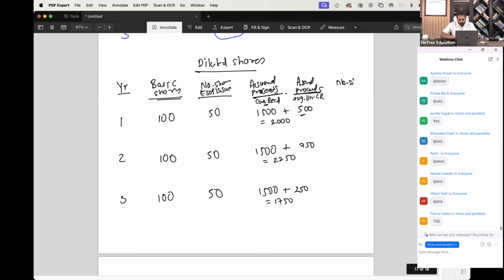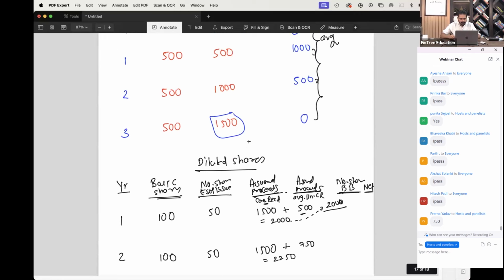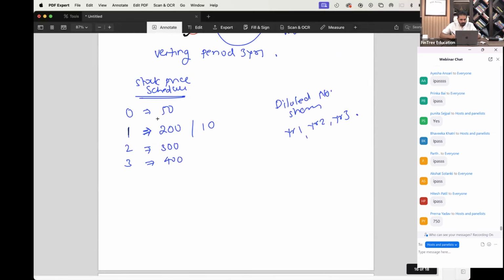Now, number of shares bought back. Ideally I need one more column for net shares. I have $2,000 with me divided by the average price at the end of year one. Let's stick to 200 for the timing.